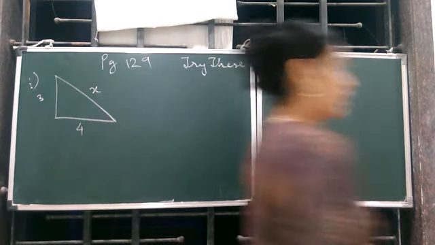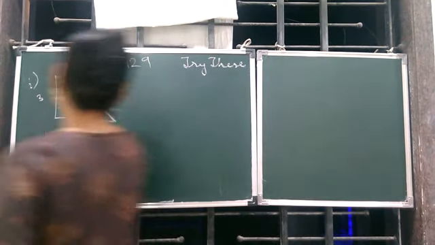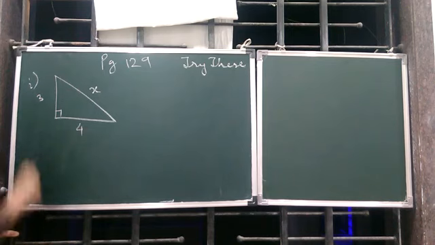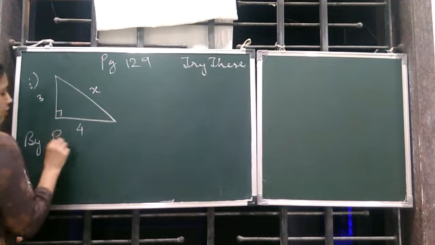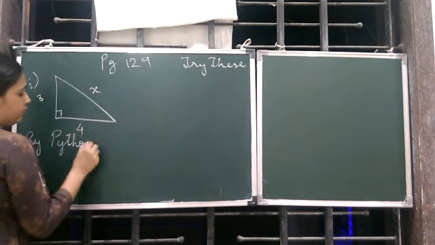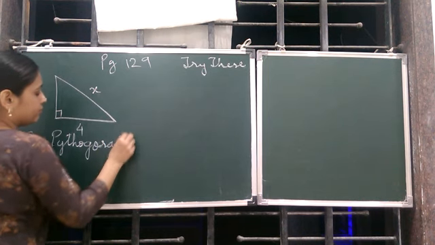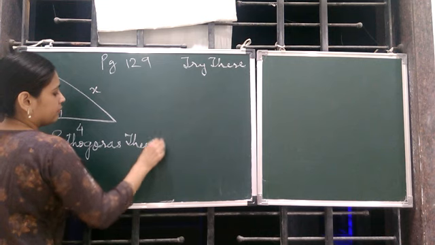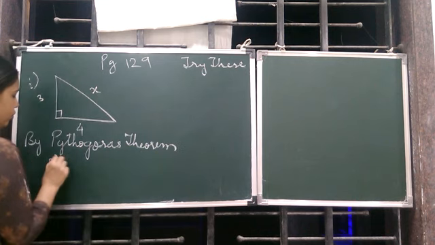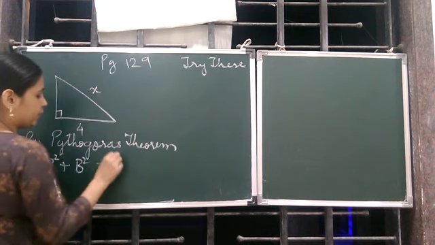Here you can see this is a right angle triangle. So using the Pythagoras theorem, you can write: p square plus b square is equal to h square.